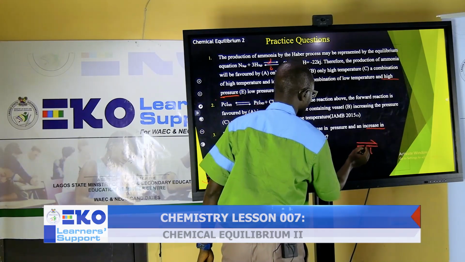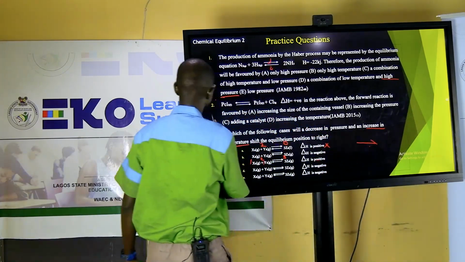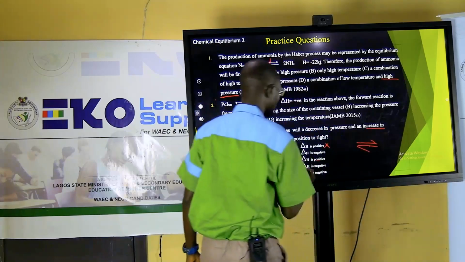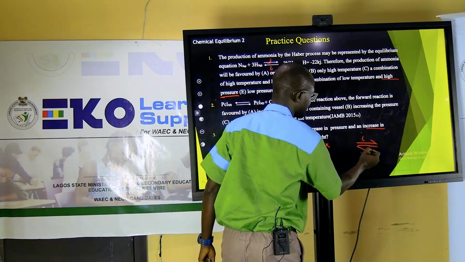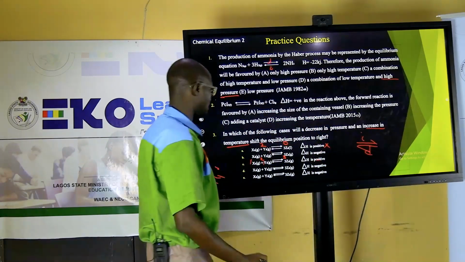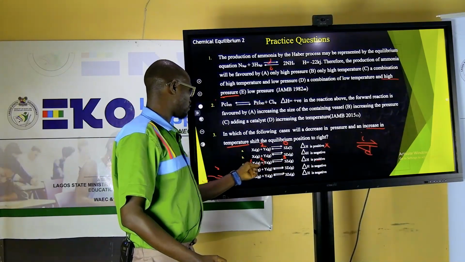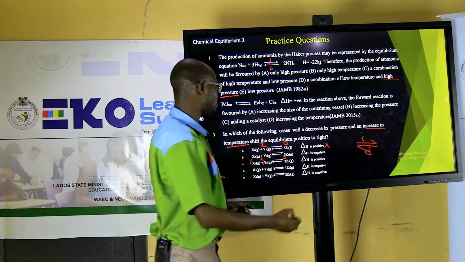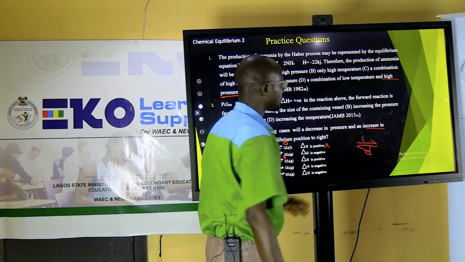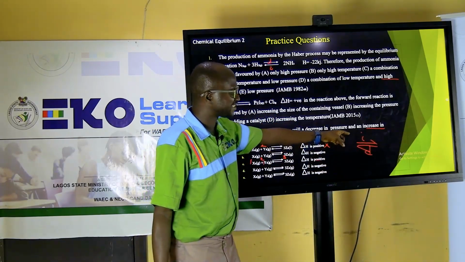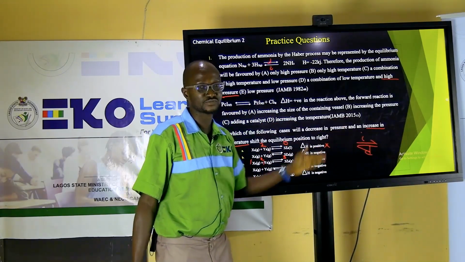So let's put I there. From 2 to 3 is an increase. While in the reverse case it is a decrease. 2 to 3 is an increase, 3 to 2 is a decrease. So what will favor the forward reaction? What will favor the forward reaction is for me to decrease the pressure.